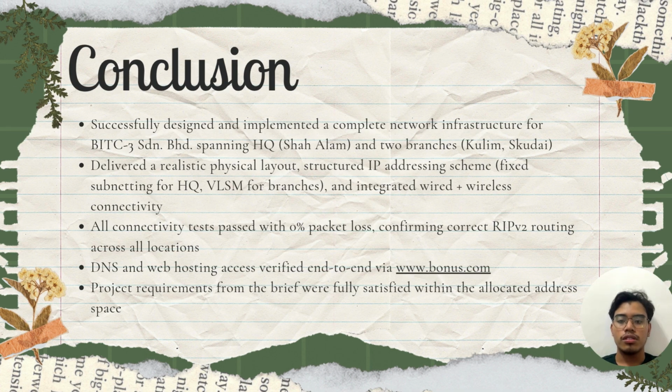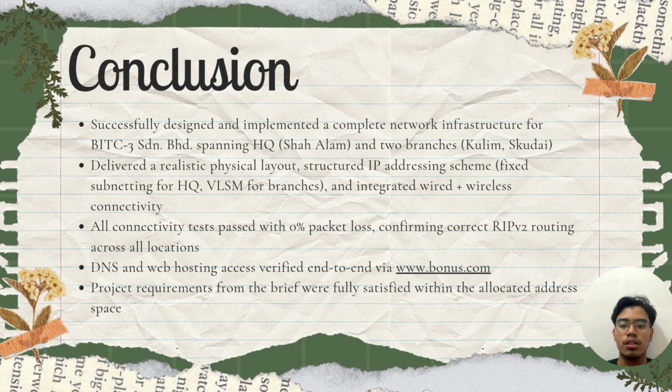Okay, moving on to the project summary. We have successfully designed and implemented a complete network infrastructure for BITC 3 SDN BHD, connecting the Shah Alam HQ with the Kulim and Skudai branches. Structurally, we delivered a realistic physical layout using FLSM subnetting for the HQ and VLSM for the branches to ensure efficient IP management.